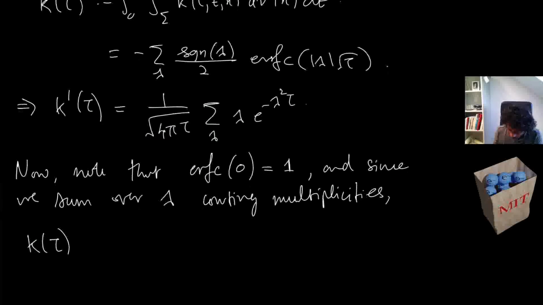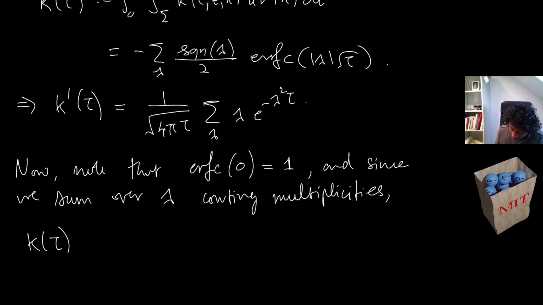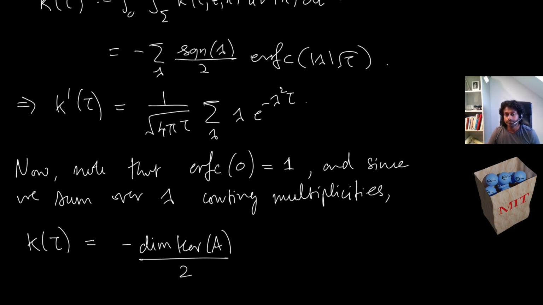So I'm going to peel away the 0th eigenvalue, right? So then the first part that we pick up is the negative of the dim kernel of A on 2. So this is why I organized my signum. I just cheated and assumed that the signum of lambda at 0 was 1, so that we don't lose that, right?